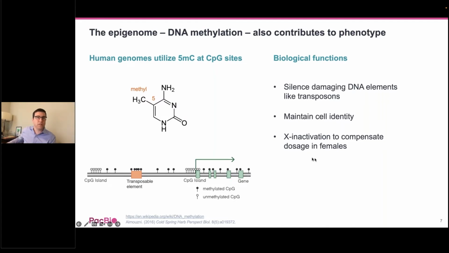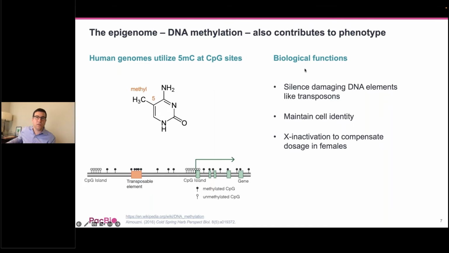For humans and other vertebrates, the DNA modification, the epigenetic modification that is most prevalent is 5mC at CpG sites. So the addition of a methyl group at position 5 on the cytosine bases, and this epigenetic modification is typically associated with silencing of the corresponding DNA fragment.